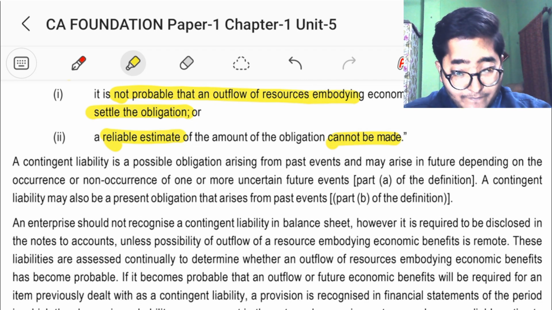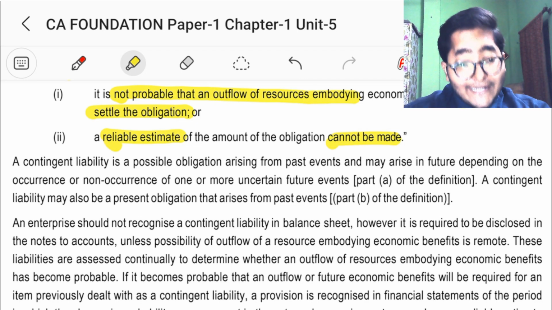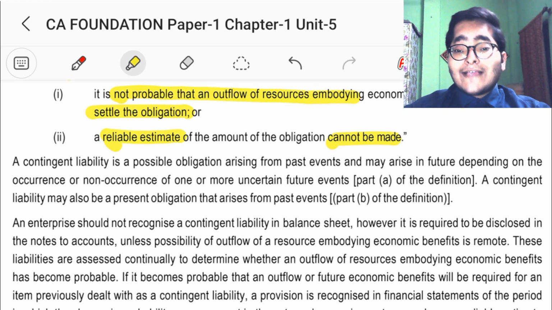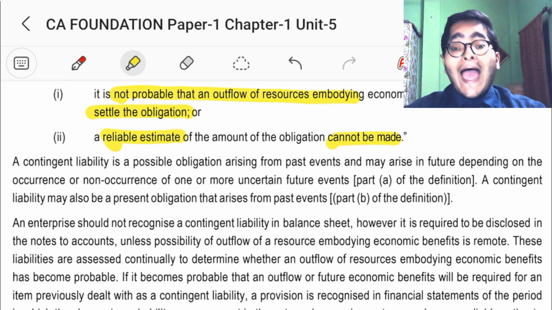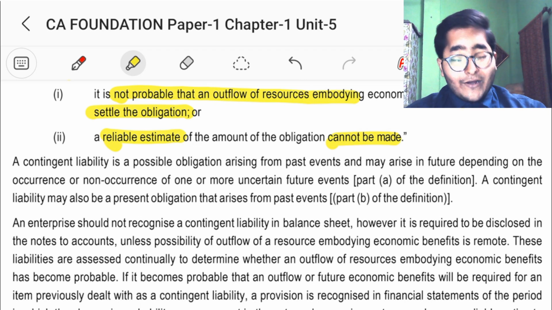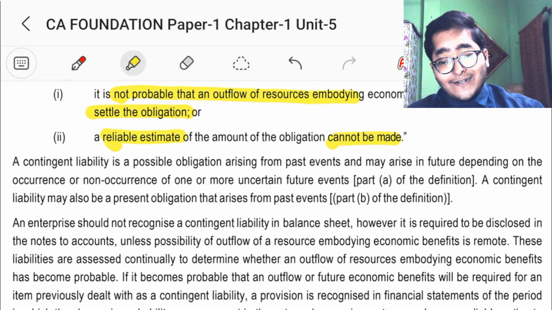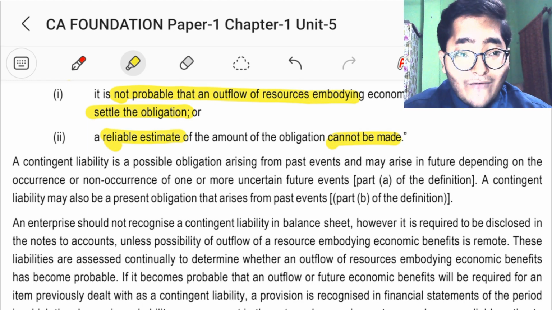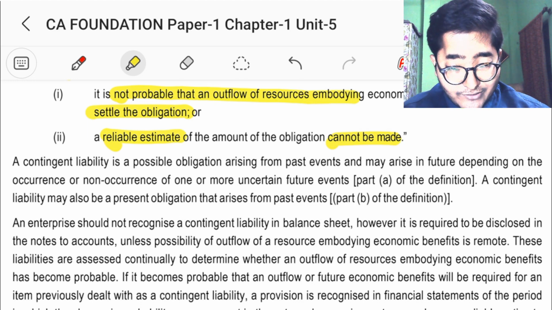A contingent liability is a possible obligation arising from past events and may arise in future depending on the occurrence or non-occurrence of one or more uncertain future events. That is the part A of the definition. So let us divide this definition into two sections.